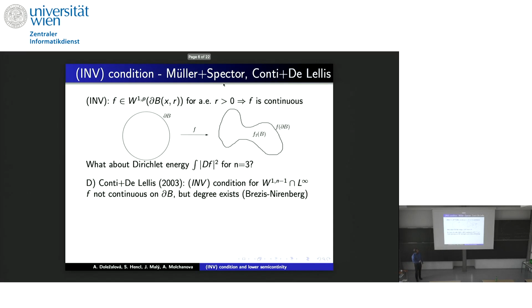So what can you do in this limiting case? There is a very nice paper of Conti and De Lellis, where they essentially introduce the INV condition also in this case. But you have to keep in mind this is slightly dangerous, because your mapping is no longer continuous on the sphere, and the image of the sphere really could have some special form of discontinuities, okay?